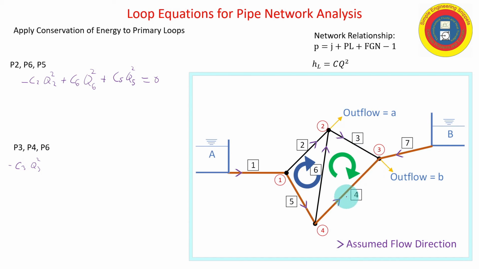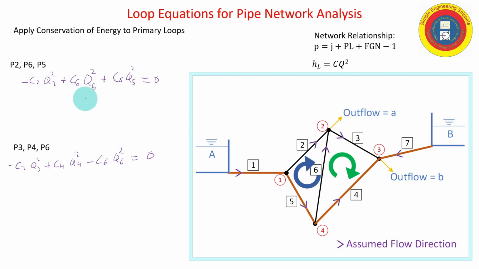In pipe number 4, I'm going opposite to the assumed flow direction, so that's going to be plus C4 Q4 squared. And then in pipe 6, I'm going in the assumed direction, so that's again a loss, so minus C6 Q6 squared. And again, it's a primary loop, so it's equal to 0 because I started at junction 2, worked my way around, and returned to junction 2.